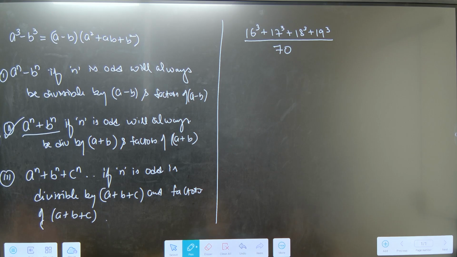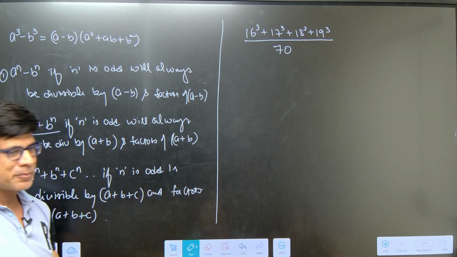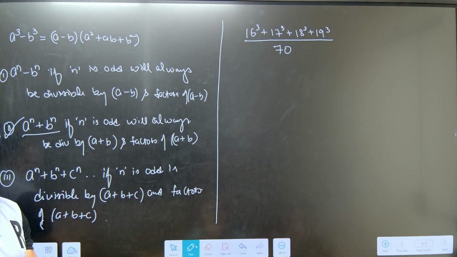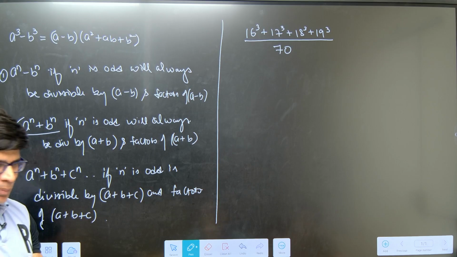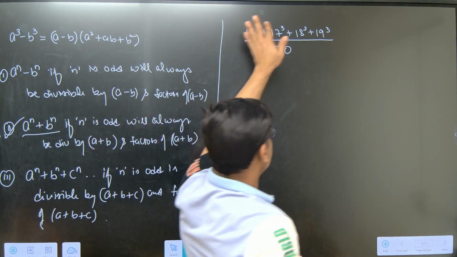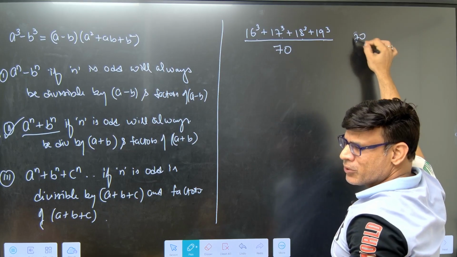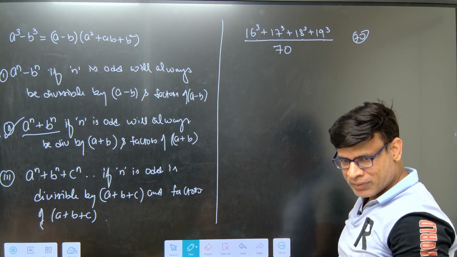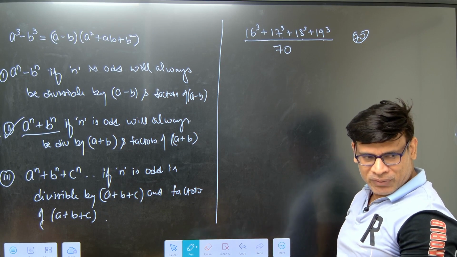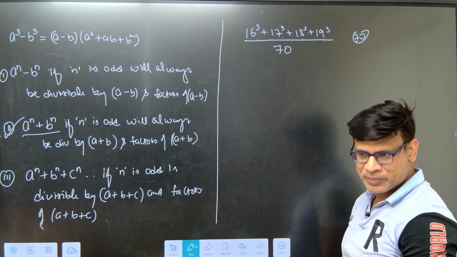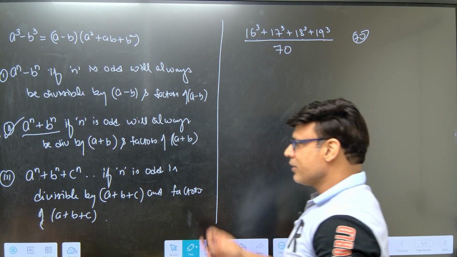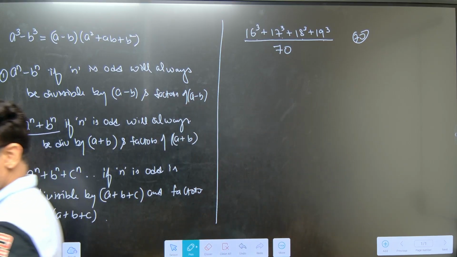Again, look at the logic. I told you this can be extended, right? A raised to power n plus b raised to power n, if n is odd, will be divisible by a plus b plus c as well as factors of a plus b plus c. In this case, I put 4 terms. So what is a plus b plus c plus d? It is 70. So it is divisible by 70 as well as factors of 70. 35, 7, all will make it 0. Understood? Right? So this is important for you to know for remainder theorem.